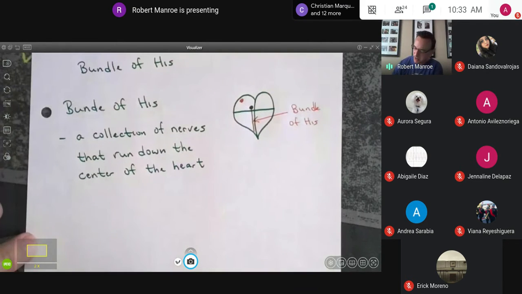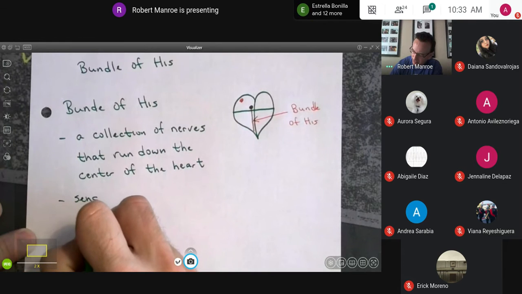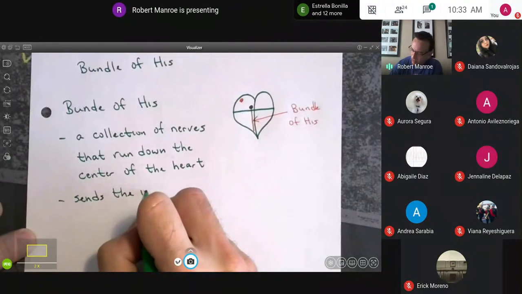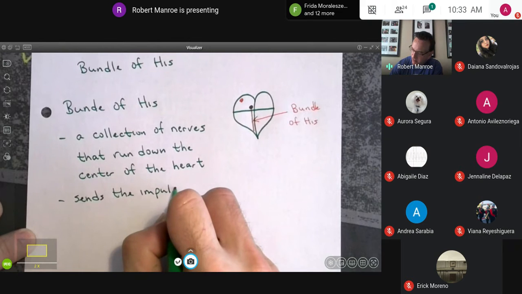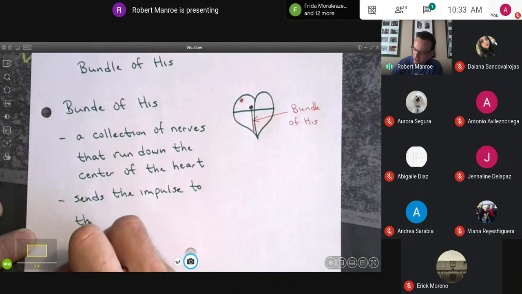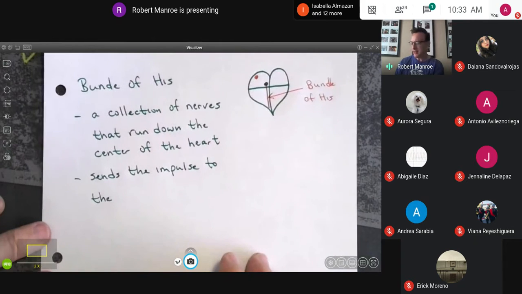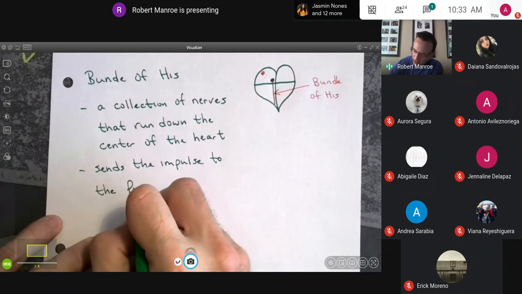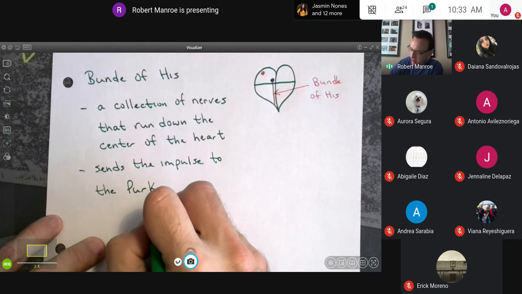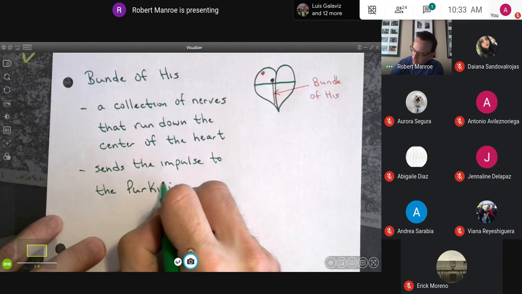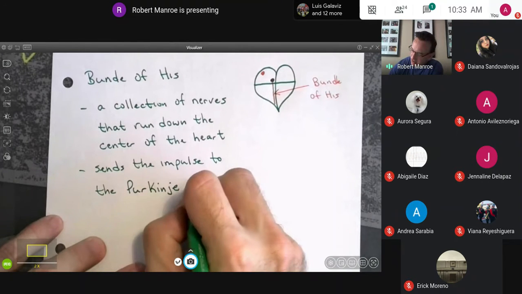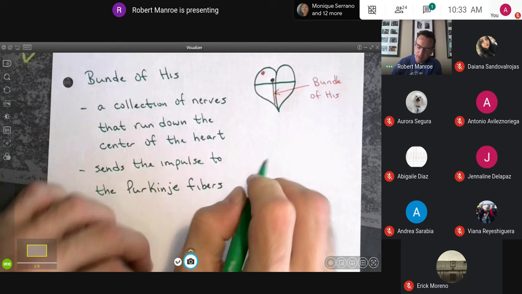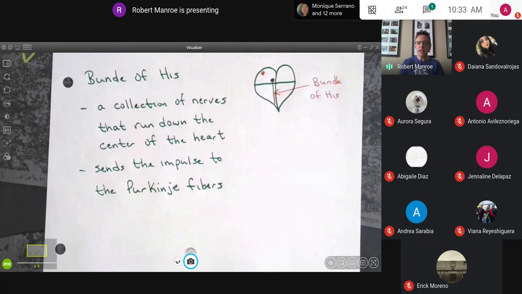And now this impulse goes one more jump, sends the impulse to some fibers that were discovered by a scientist called Purkinje, not kidding, Purkinje, okay? And since they discovered these fibers, we call them Purkinje fibers, okay? So it's SA node to AV node to bundle of His to Purkinje fibers.